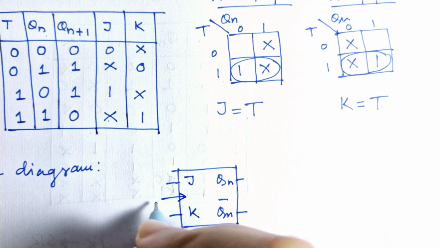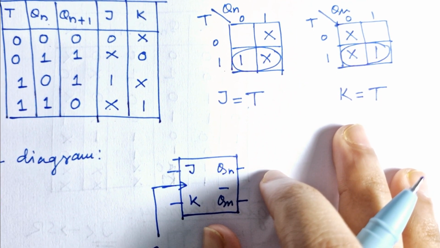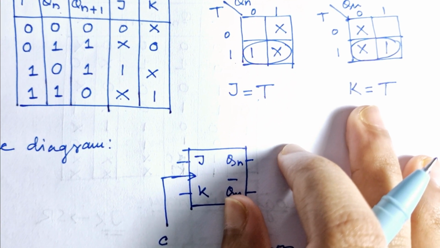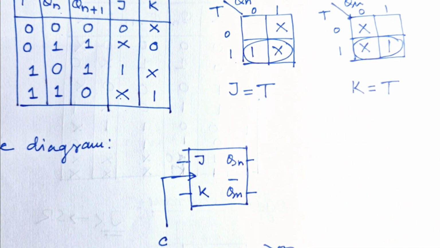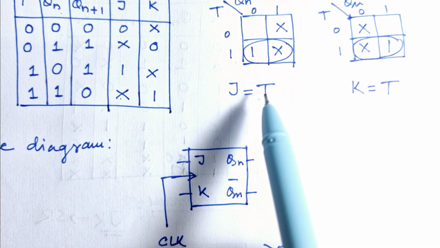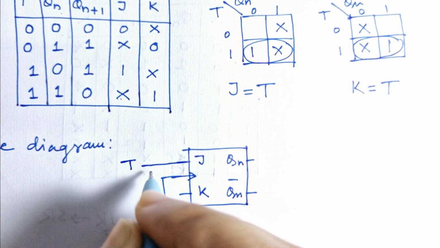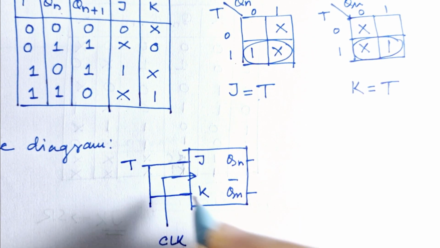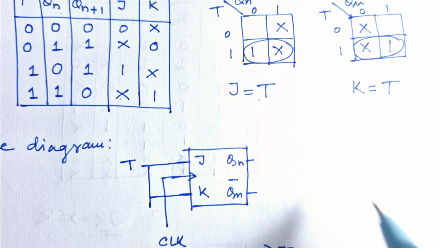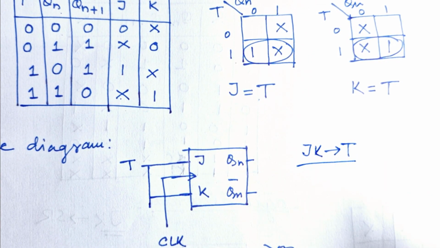A clock will always be there, it's CLK. And J is T, K is T. So J is T, K is also T. Thus our JK to T flip-flop conversion is done. Thank you.